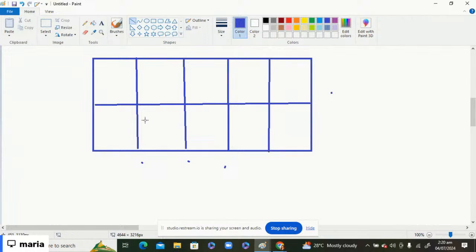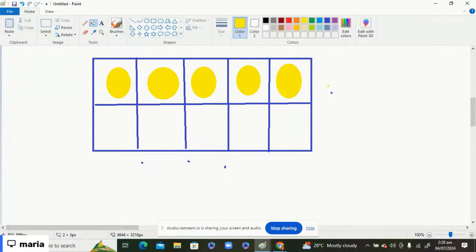So the total frame is for 10 and I'm just going to draw the dots. So the dots in this case are like the shapes here.